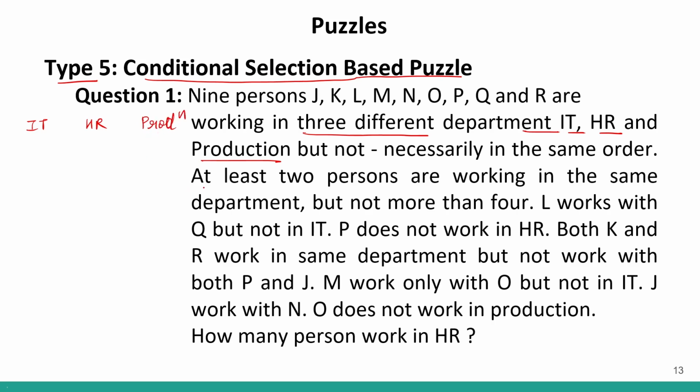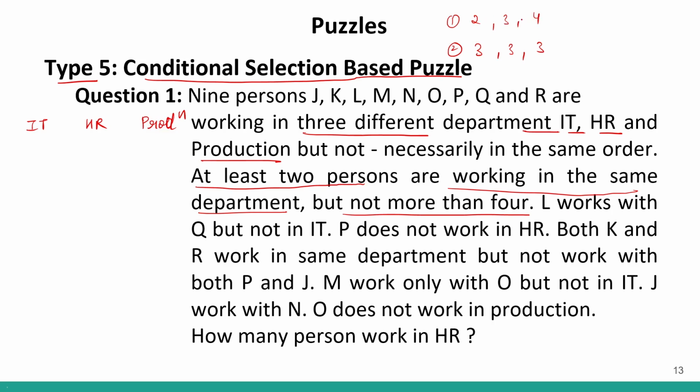At least 2 persons are working in the same department but not more than 4. So basically we will get 2 possibilities: 2, 3, 4, or 3, 3, 3. It could be equal distribution or it could be distributed like 2, 3 and 4.